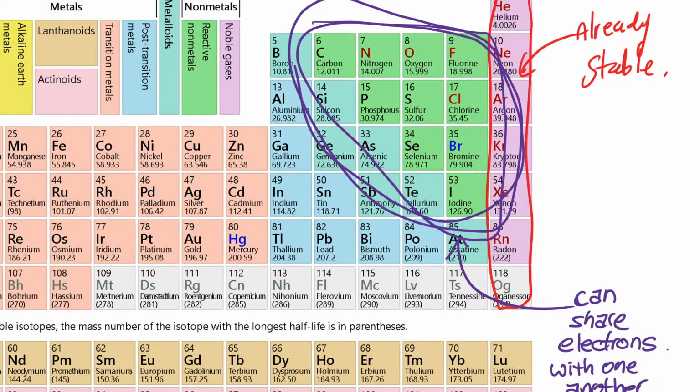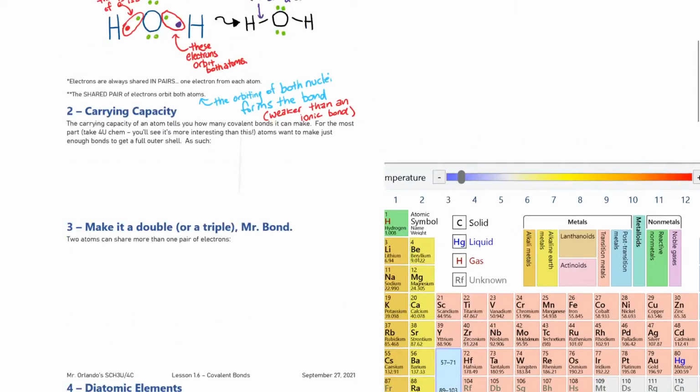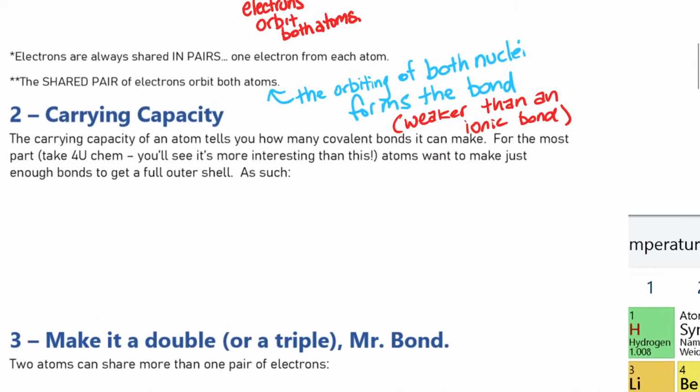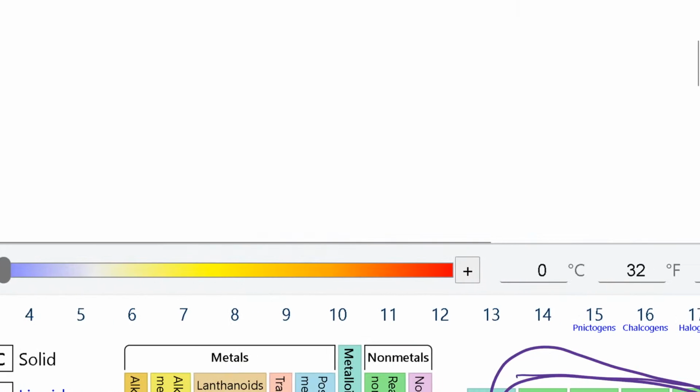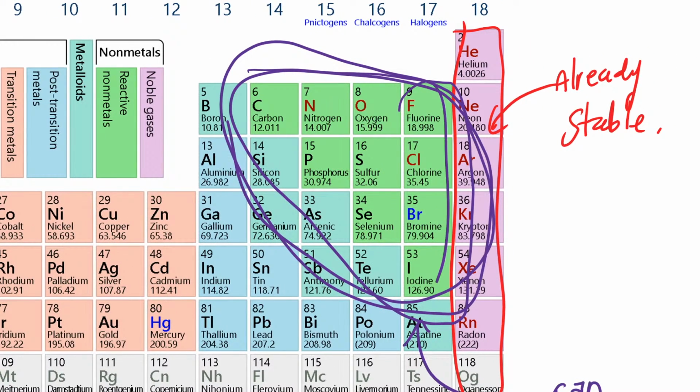we can talk about carrying capacity, which will tell us how many bonds each atom is looking to make. So looking at the periodic table, fluorine, chlorine, bromine, and iodine, these guys right here, they are one electron away from a full shell.